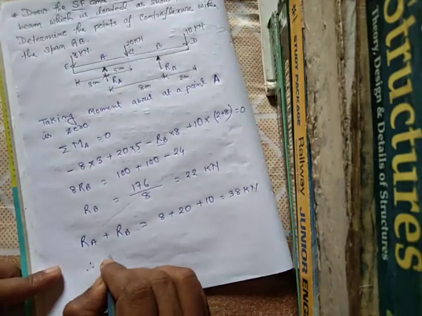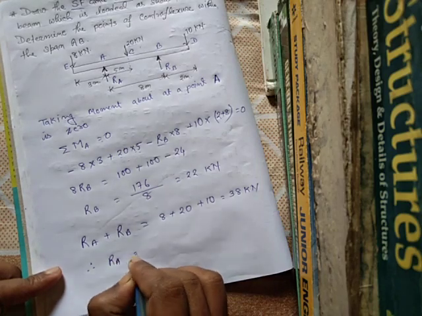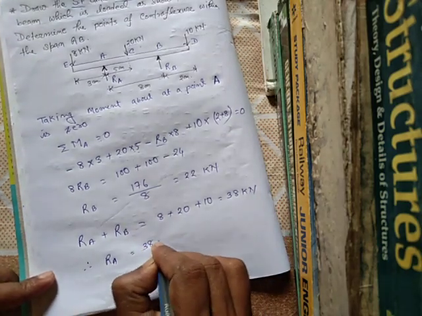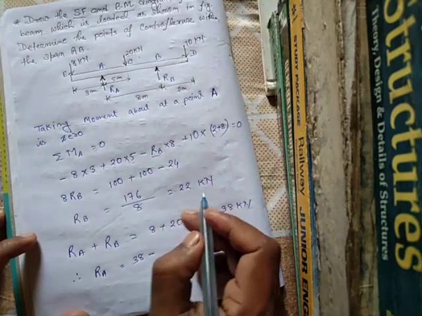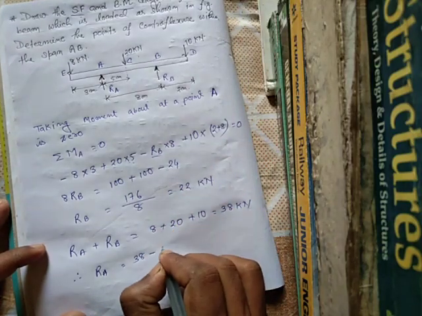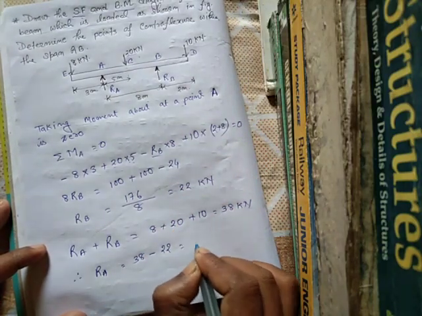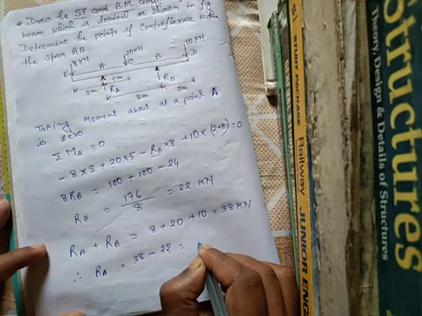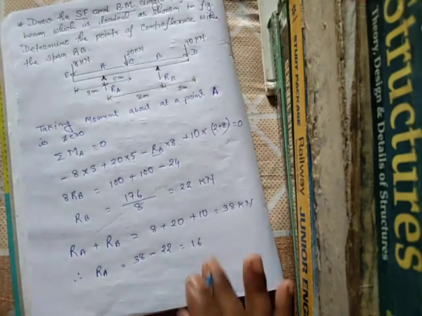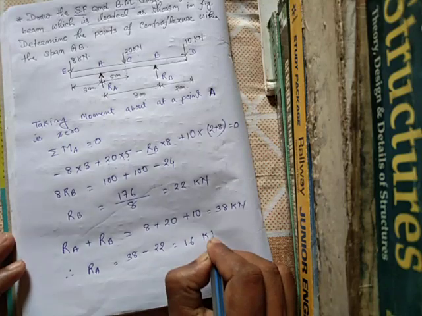So reaction RA equals 38 minus RB. RB equals 22, so this equals 16 kilonewton.